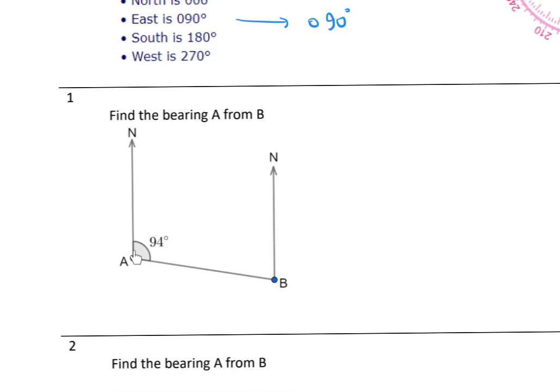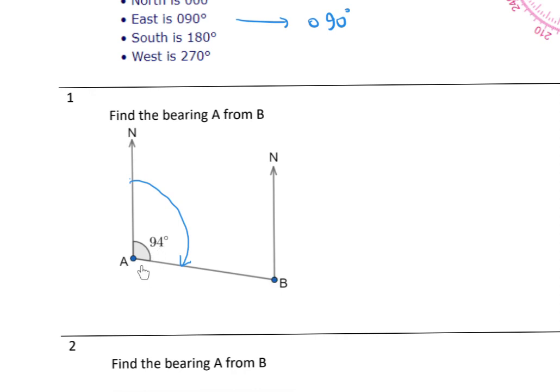Start from A, draw the north, then move clockwise till you reach B. This is the bearing B from A, which is 94. We can write 094.